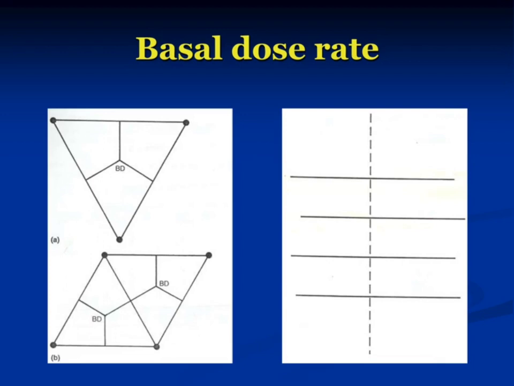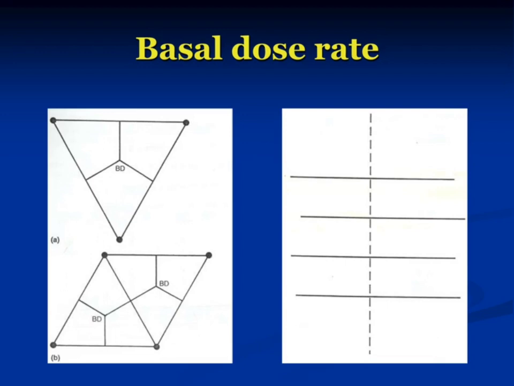There should be no lymphovascular invasion. With these indications, you see here the brachytherapy catheters are put in two planes. There are single plane, two plane, and three plane brachytherapy.